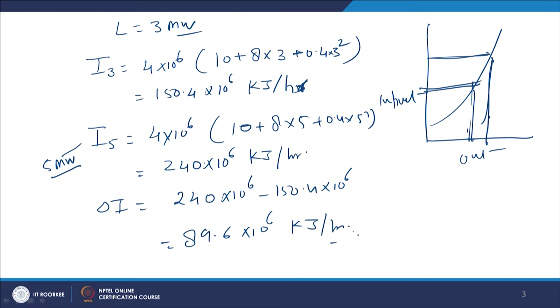Okay. Now there is the incremental rate curve also. Because the equation for I is given, I is 4 into 10 to power 6, 10 plus 8L plus 0.4 L square.